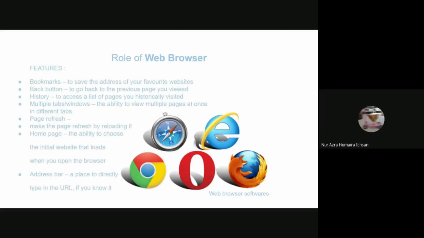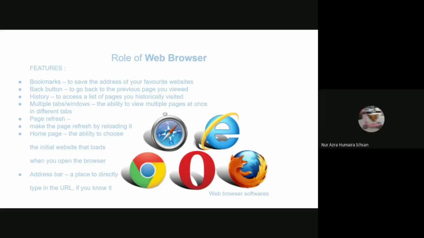Features of a web browser include bookmarks, which save the address of your favorite websites, the back button, history to access a list of pages historically visited, a refresh page, multiple tabs or windows. I'm pretty sure you guys have multiple tabs open right now, just like I do. And we also have the address bar, a place to directly type in the URL, which I will also be elaborating on more later.